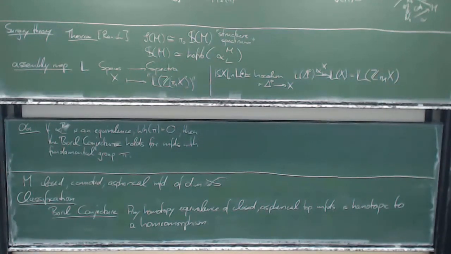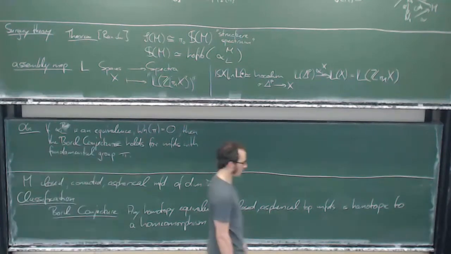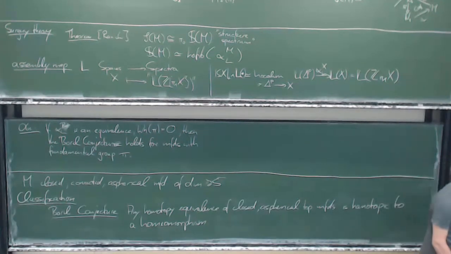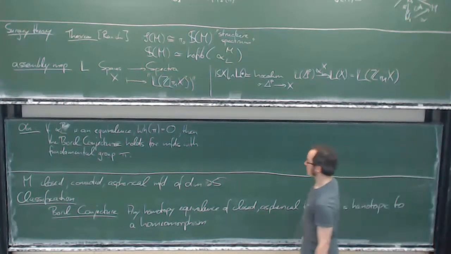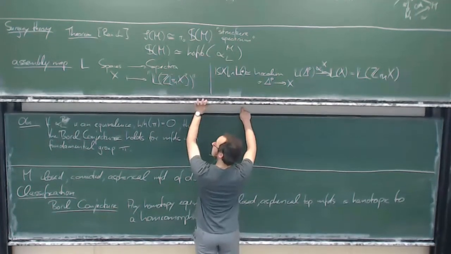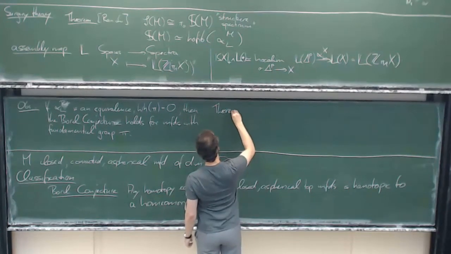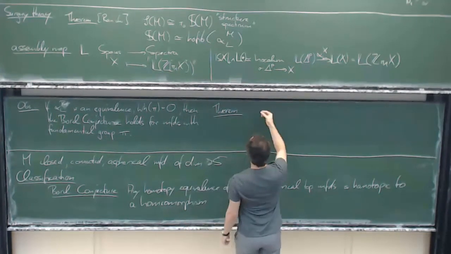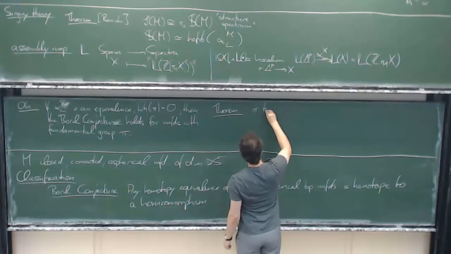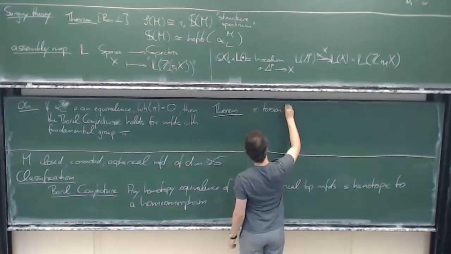So this is now one way to approach this conjecture, and I wouldn't be telling you about this if it wasn't a feasible way of approaching this conjecture, which is what the next theorem is supposed to tell you. So suppose pi is torsion-free.